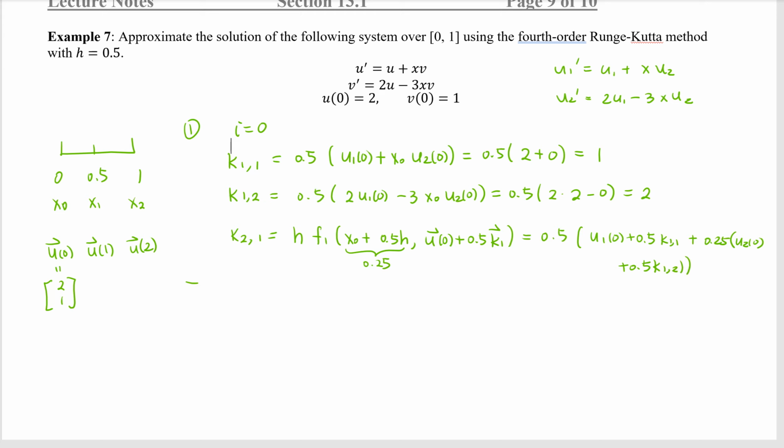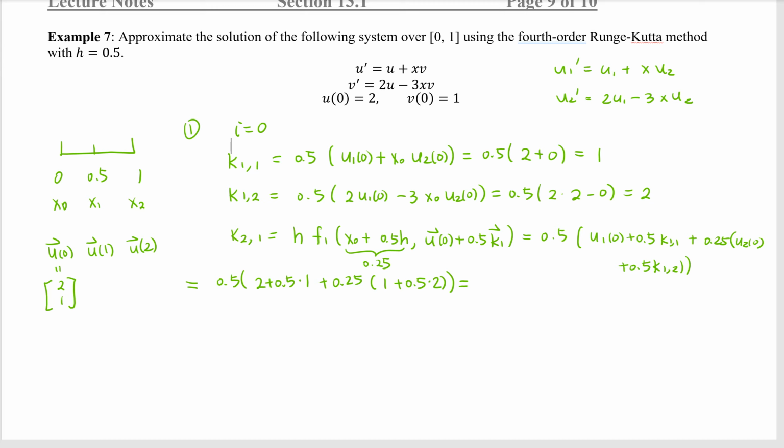Okay, let's figure out what this is. So this is 0.5. U1 of 0 is 2 plus 0.5 times K11 is 1 plus 0.25 times U2 of 0, which is 1, plus 0.5 K12 is 2.